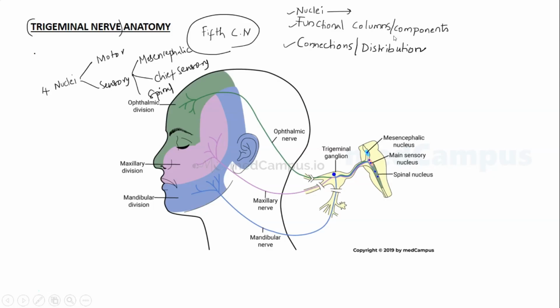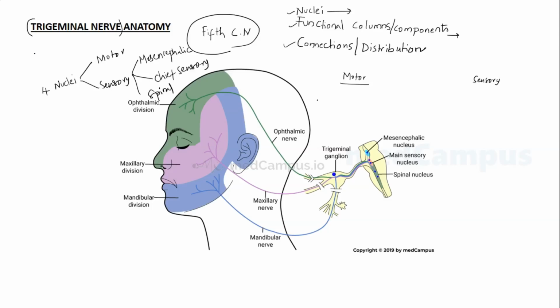When they say functional components, they are referring to the columns or components. So what are the common or usual columns or components which we see? We have motor columns and we also have sensory columns. Under motor columns we have the following subheadings.